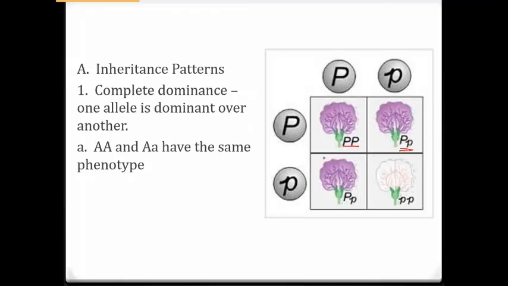So that's what complete dominance is. The capital letter, the dominant trait, is completely dominant over the recessive. And it does take two recessive alleles in order for you to see the white flower, the recessive trait.